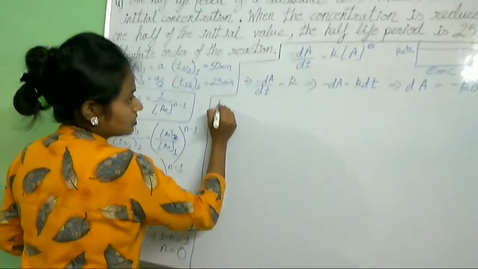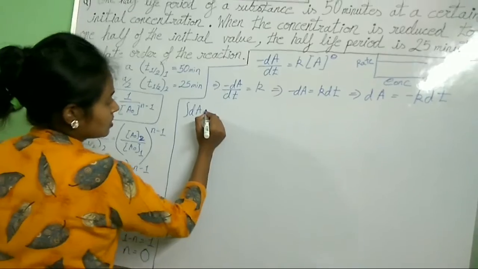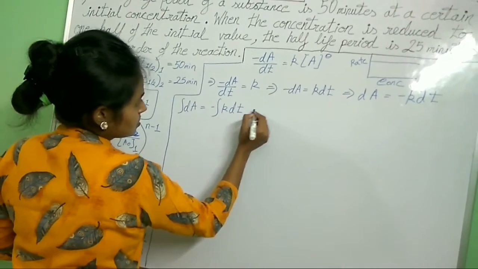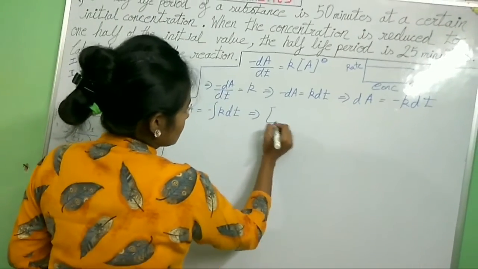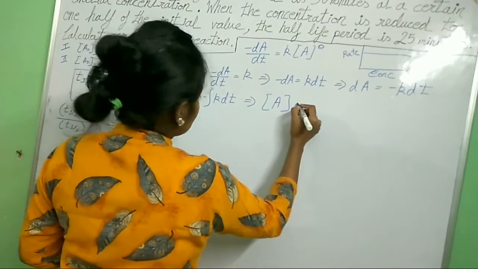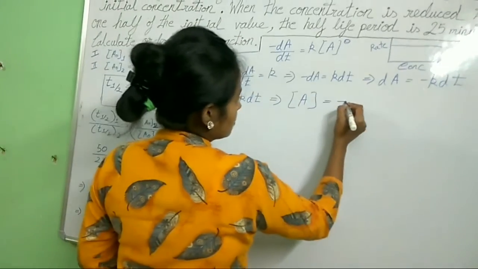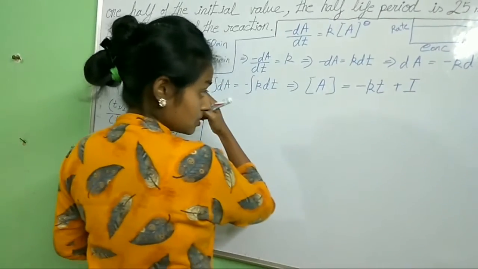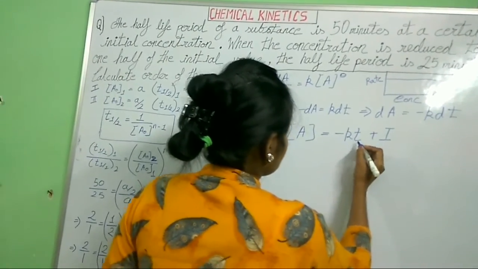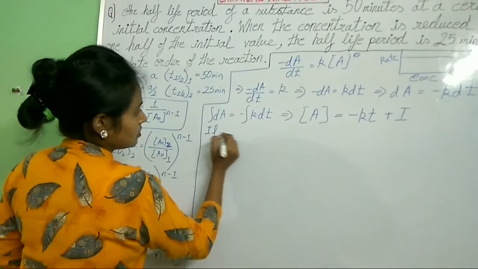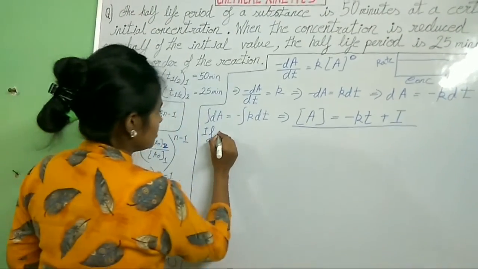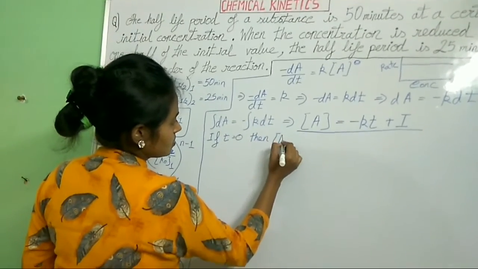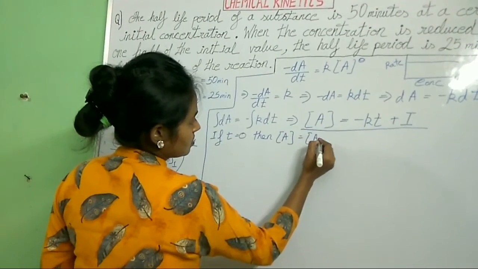Now let us integrate this equation. Okay, how to integrate? dA equal to minus K dt. Next, what will happen? A is equal to minus Kt plus I. What is this I? Integration constant. Okay. Now, if in this equation T equal to 0, then concentration will be A naught, right?